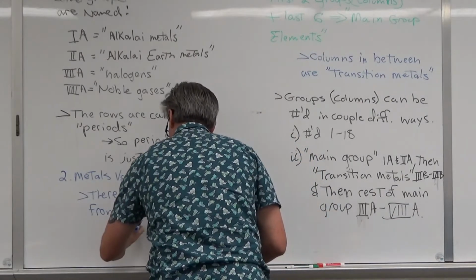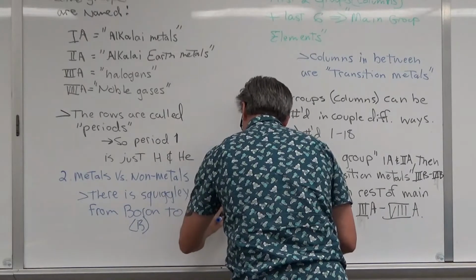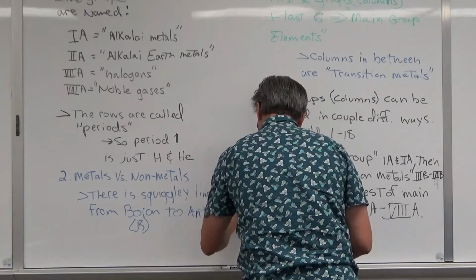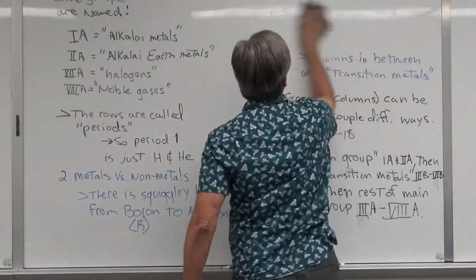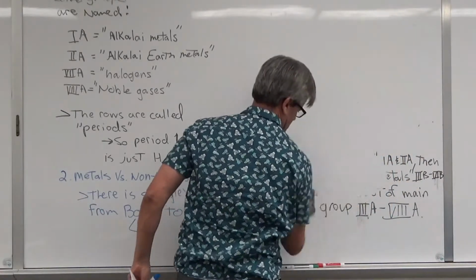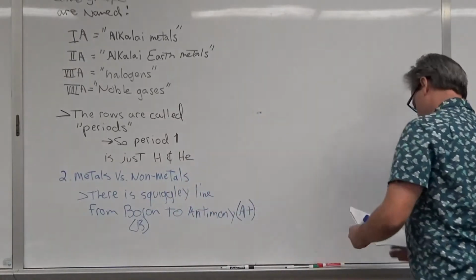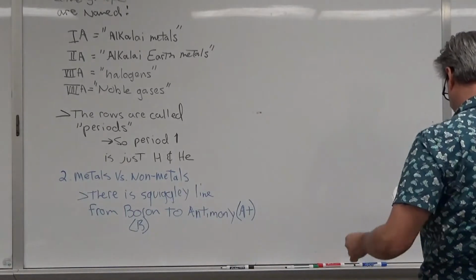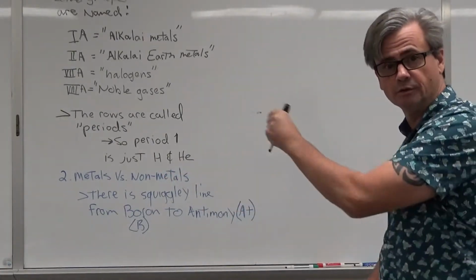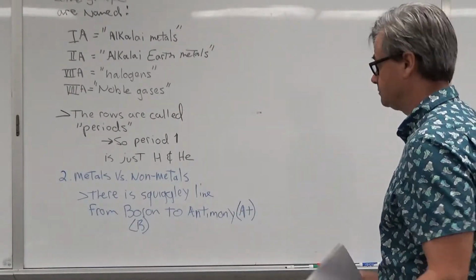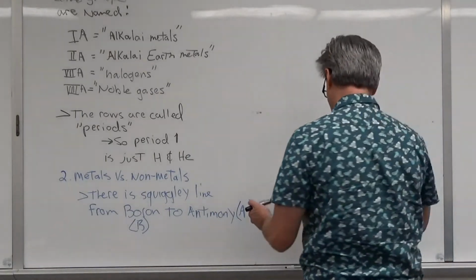Boron, which is B. And so there's that squiggly line, and in ours it's that salmon colored, just the elements themselves have a particular color to them. In some periodic charts you actually have a sort of a bold line that wiggles down the chart at that location.